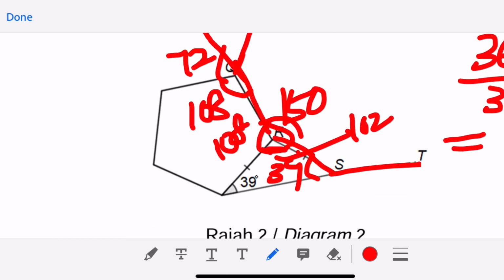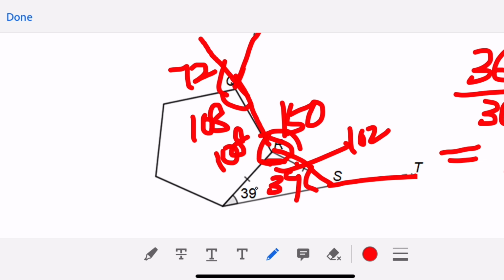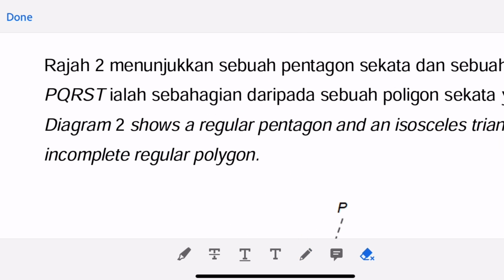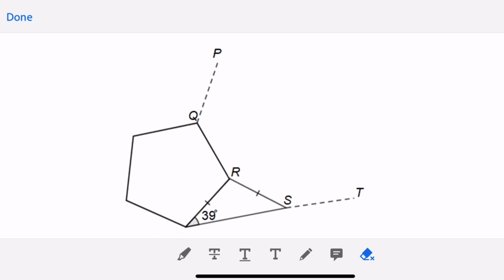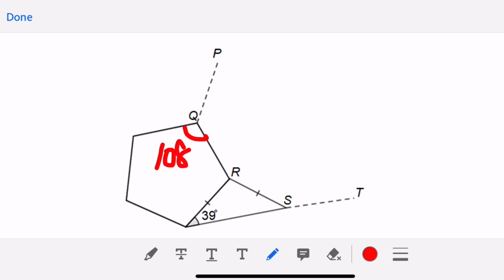So how you do it, again I explain to you, you have to focus on 108 here, 108 here. We want to find this angle. After we find this angle, we can find the exterior angle.